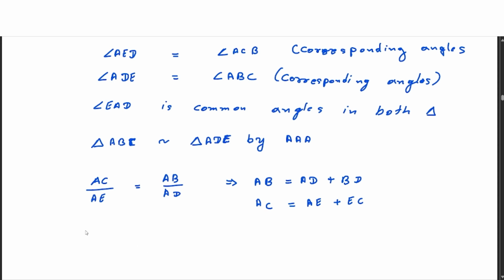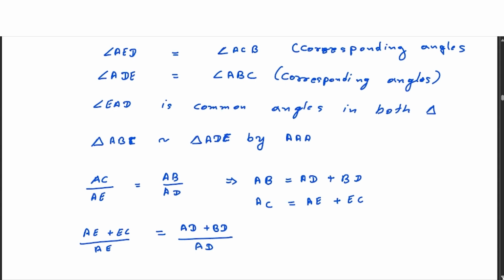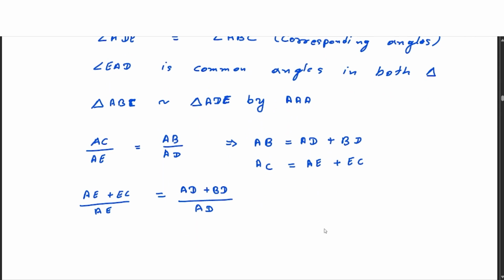So we can substitute the value of AB and AC here. So AC over AE is equal to AE plus EC over AE. Now in place of AB we can substitute AD plus BD over AD.